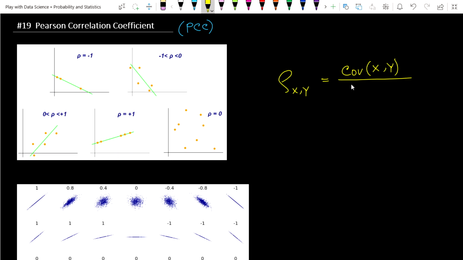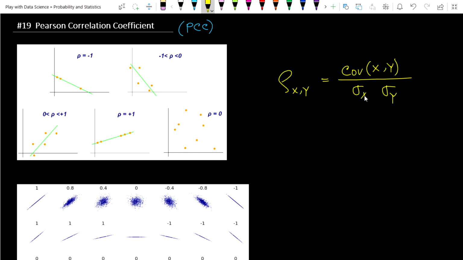After calculating this value, we have to divide it by sigma x and sigma y, meaning the standard deviations of the random variable x and the random variable y. In previous lectures we have already seen how to find the mean of the random variables x and y.